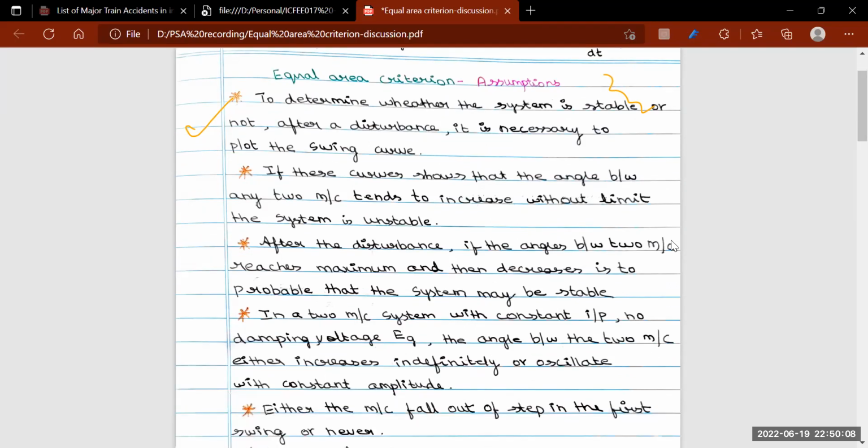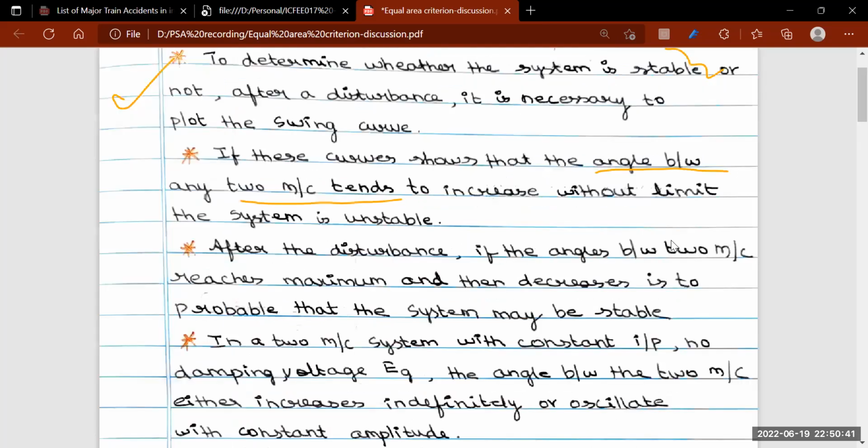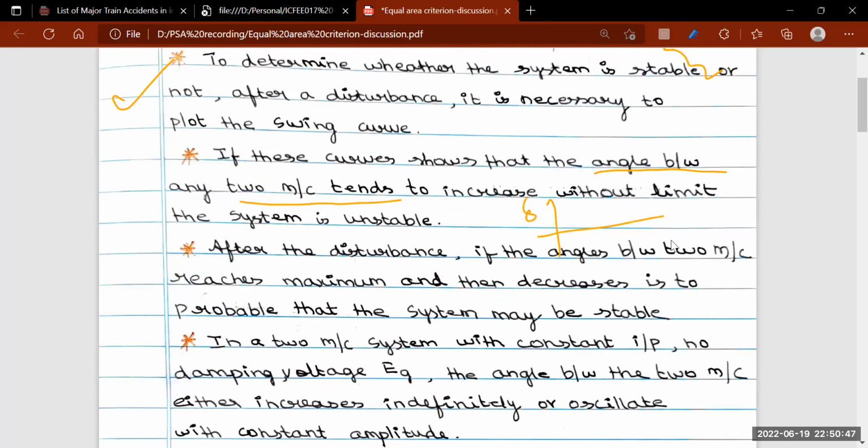After a disturbance, it is necessary to plot the swing curve. So if these curves show that the angle between any two machines tends to increase without limit, then the system is unstable. Say this is the plot of delta with respect to time.